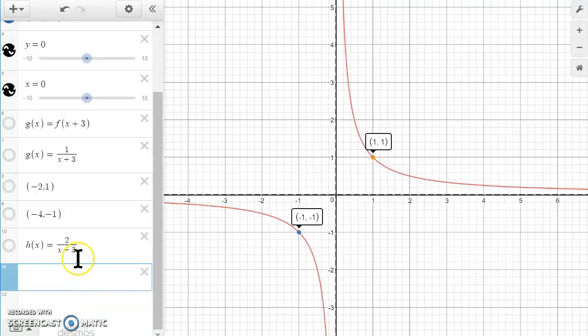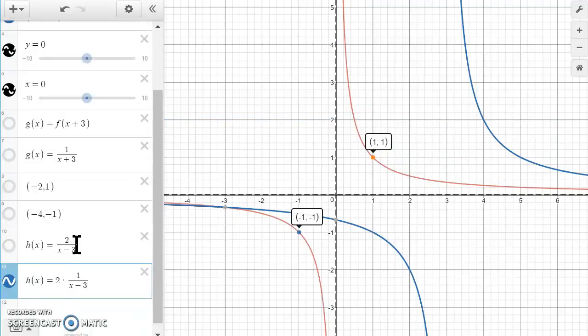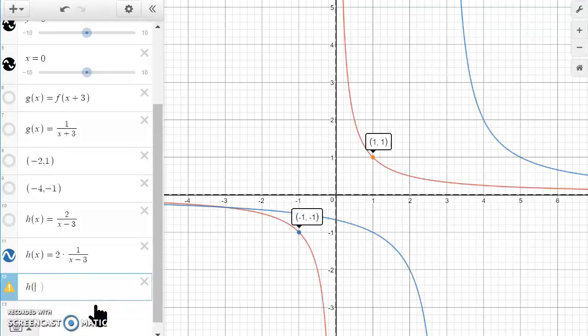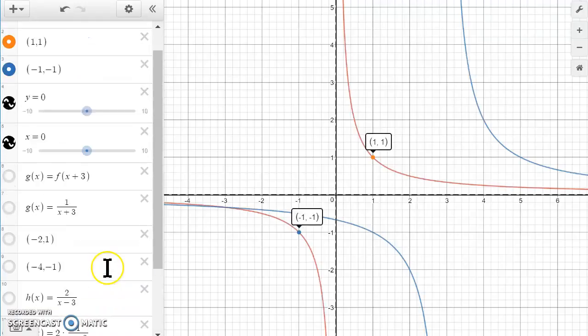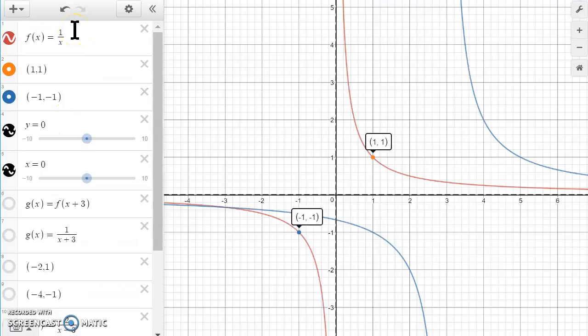So let me rewrite my h of x. My h of x is equal to, so this 2, I can bring that 2 to the front. 2 times 1 over x minus 3, right? Which means my h of x is equal to 2 times, now this 1 over x minus 3, if I write this in terms of f, where f of x is equal to 1 over x, okay?